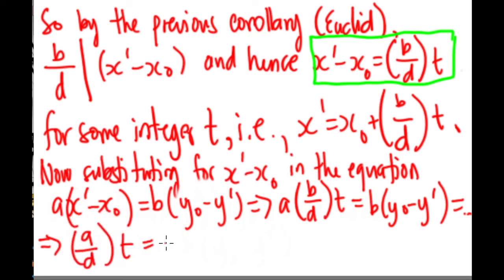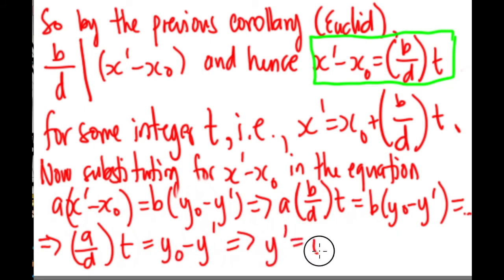times t equals y sub 0 minus y prime. Transposing the y sub 0 to the other side, it's going to become negative.